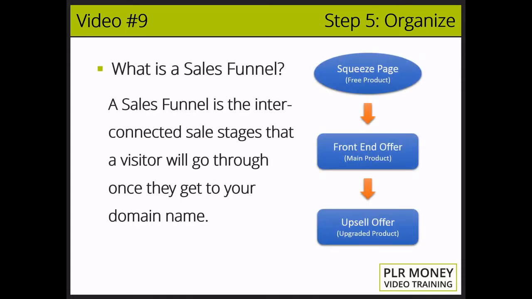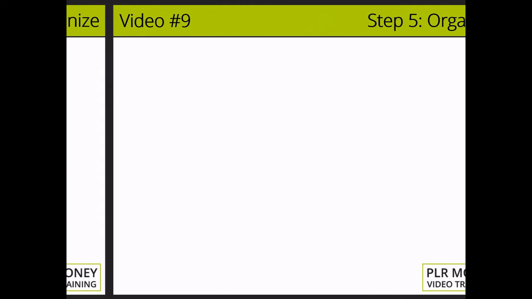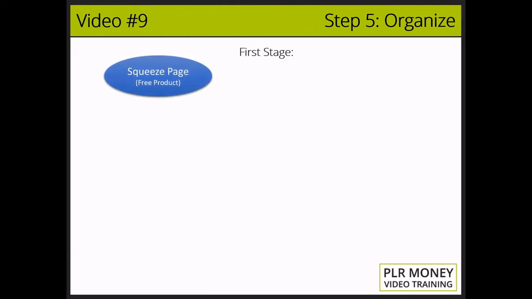A sales funnel is the interconnected sales stages that a visitor will go through once they get to your domain name. The buying process will work like this. The first stage is the squeeze page. Here you will be delivering a high-quality, free product directly related to the main product. A lot of people that will come to the front-end offer won't buy from you right away.